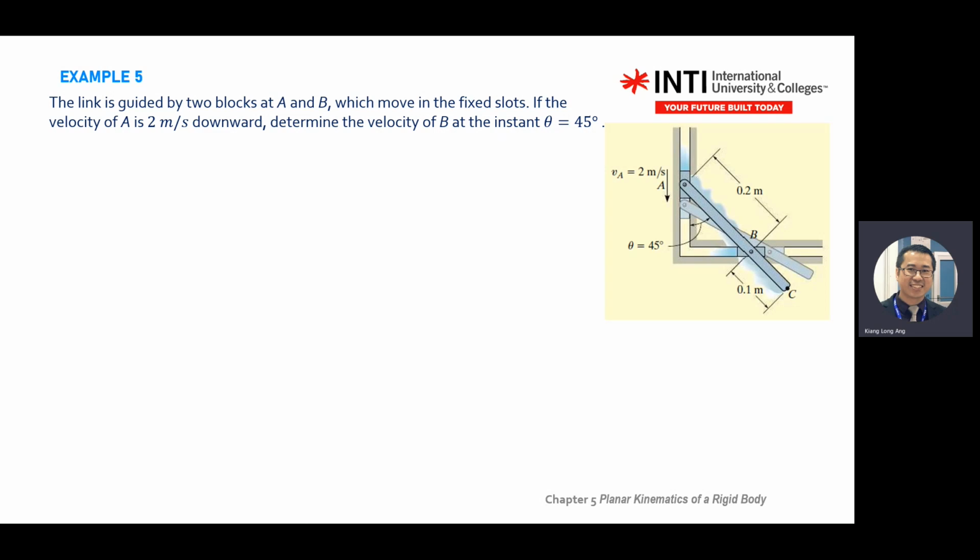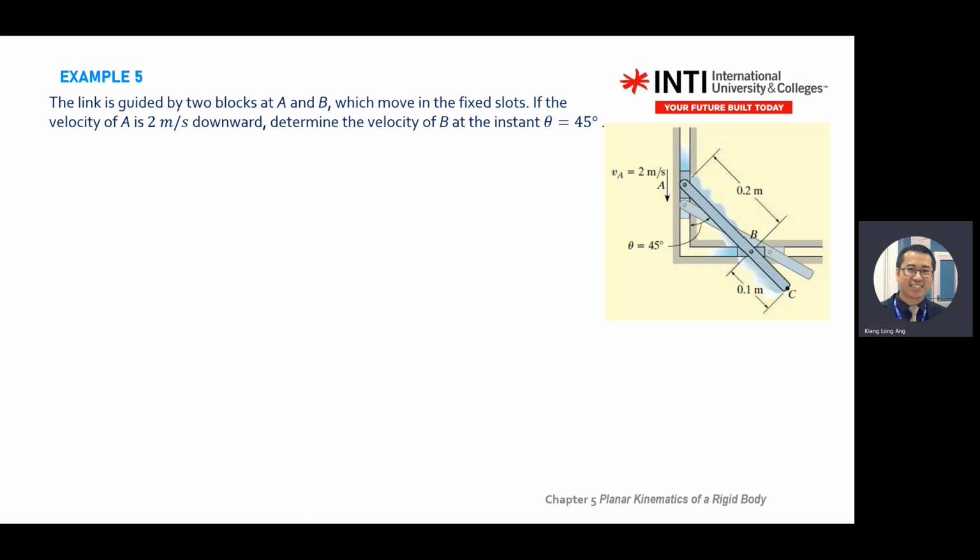How does B move? Point B. We're not asking you about the original. My question is, when you move point A, how does point B move? B moves downwards?